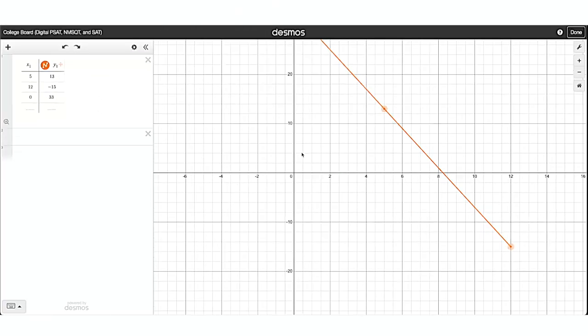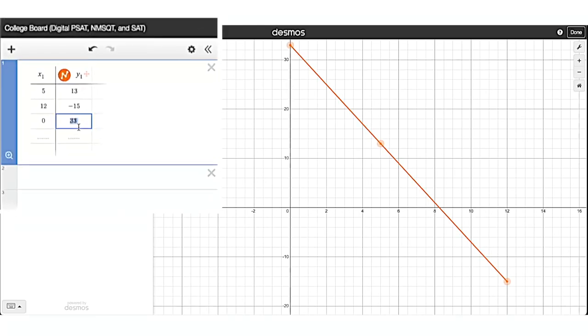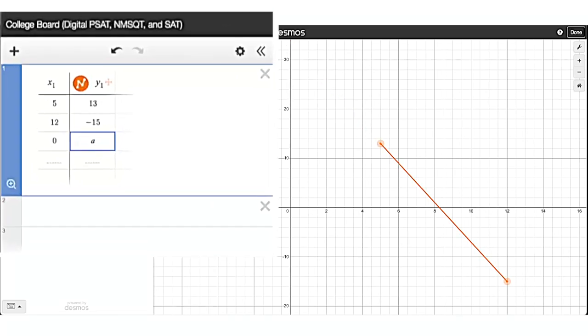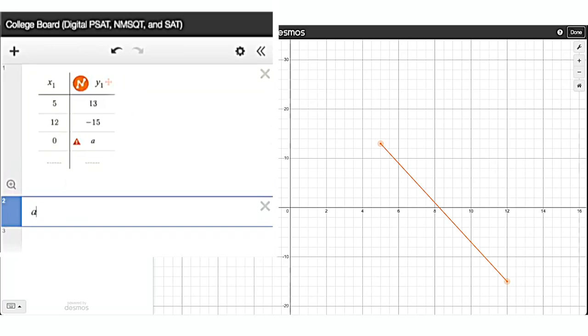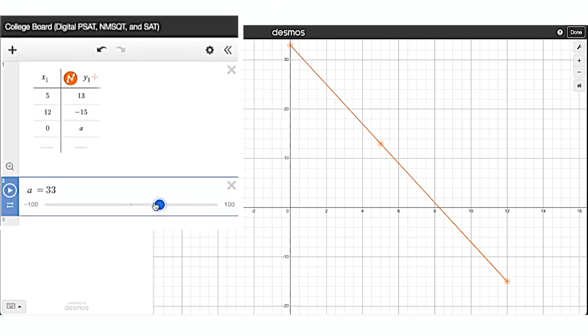So that's a way that you could do it with Desmos. You could also take this value and call it like a, right? And then just say a equals 1. And now we can slide a around until it gets to where we want it, basically so that this is a single line and they have the same slope, right? So that's another way to do it and get 33.